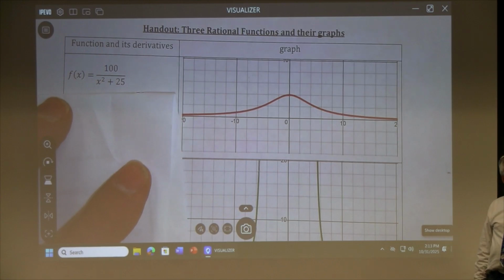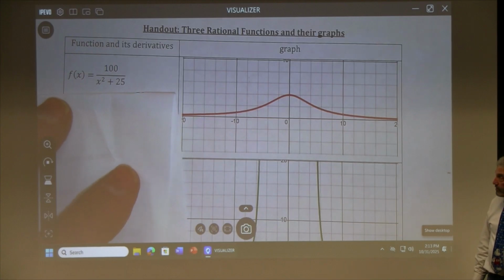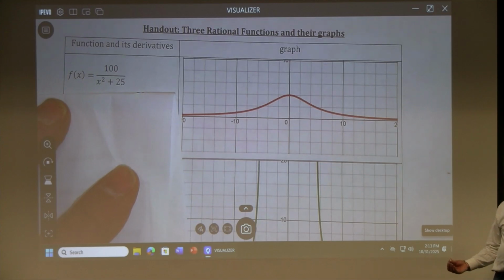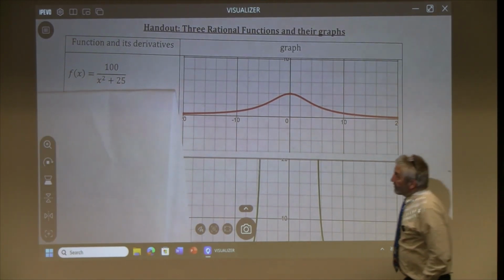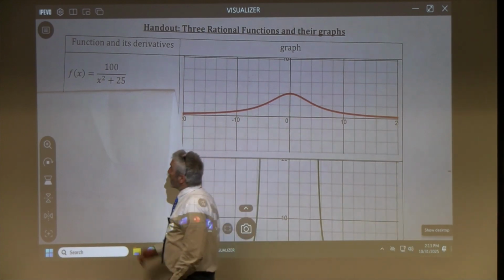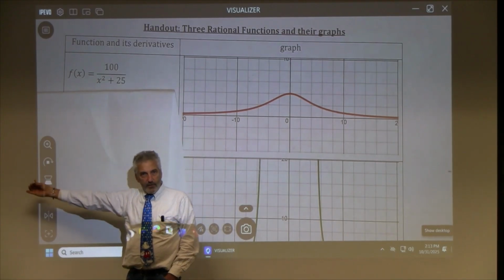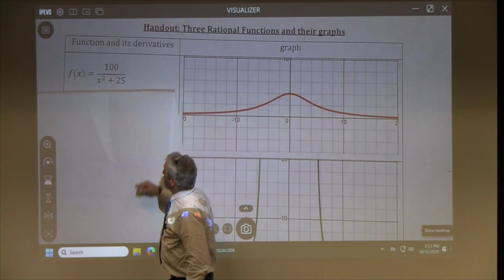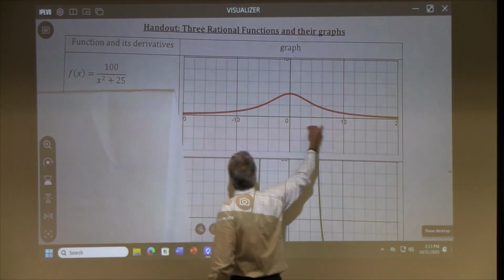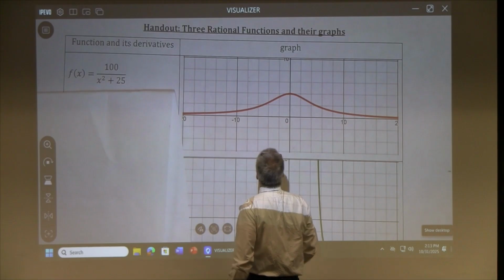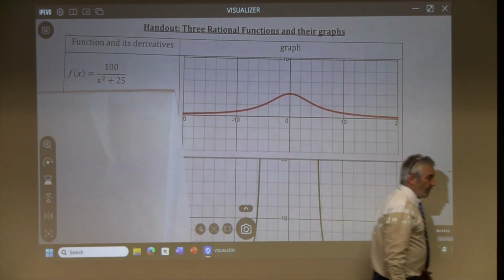So this graph has no x-intercepts. We figured this out on Wednesday. There is a y-intercept at (0, 4), and we know that it never touches the x-axis and it doesn't have any breaks or jumps, so apparently it's going to live its whole life above the x-axis. And on Wednesday we discussed the fact that when you plug in negative x, you get the same thing as when you plug in positive x. So the left side of the graph is a mirror image of the right side. We discussed the fact that there are asymptotes. So there we get this graph that has all that nice smooth stuff.